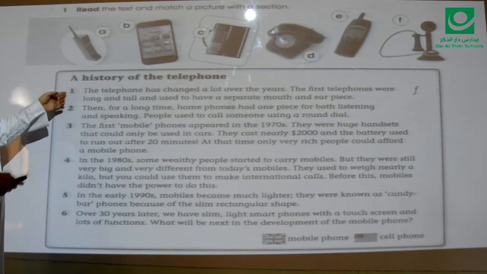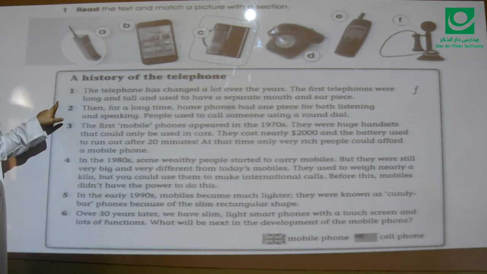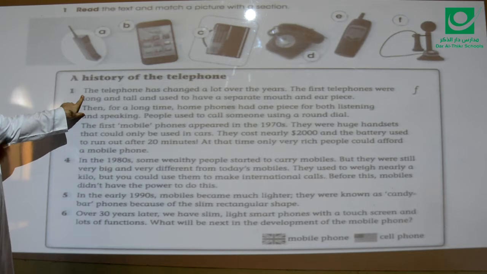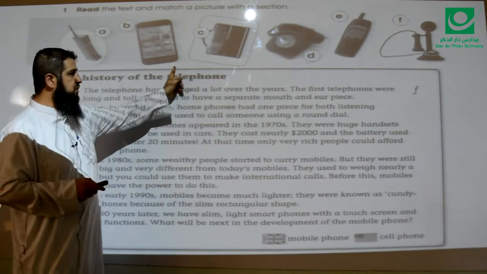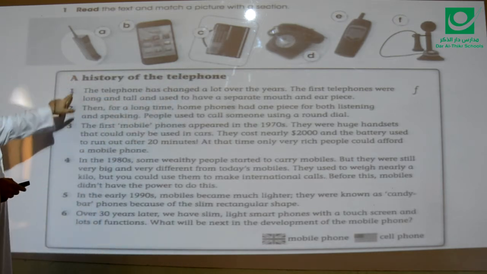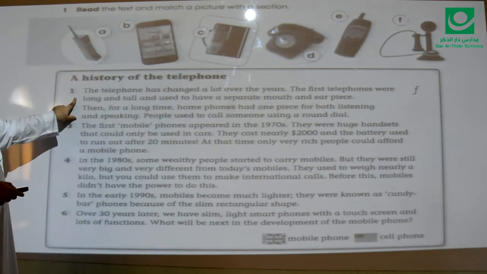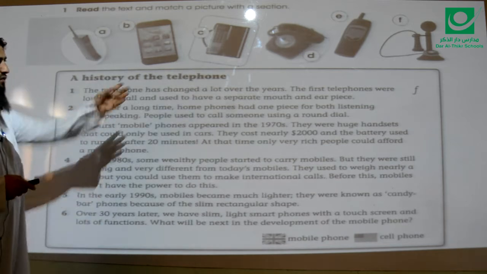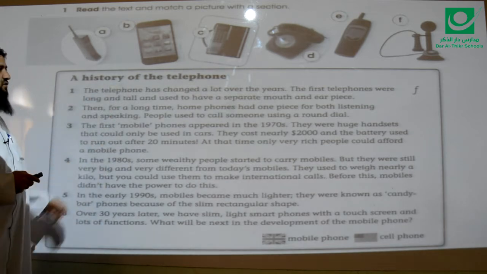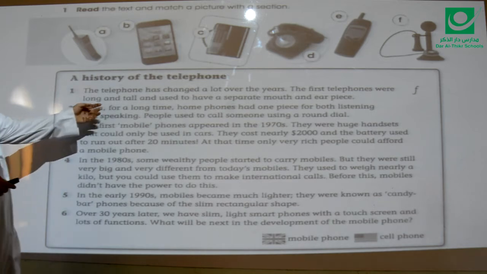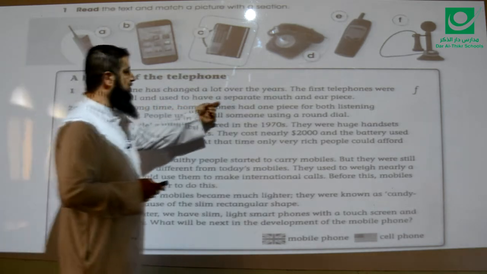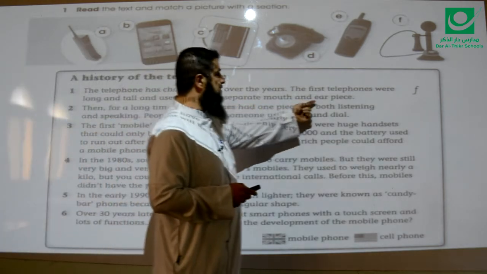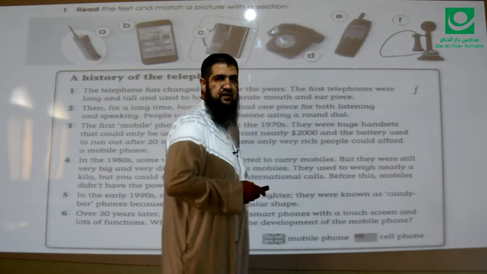I ask you, please, again, before you look at my answers, I want you to read on your own and decide which picture they are talking about. Like you see, the first one is done. The telephone has changed a lot over the years. The first telephones were long and tall and used to have a separate mouth and ear place.